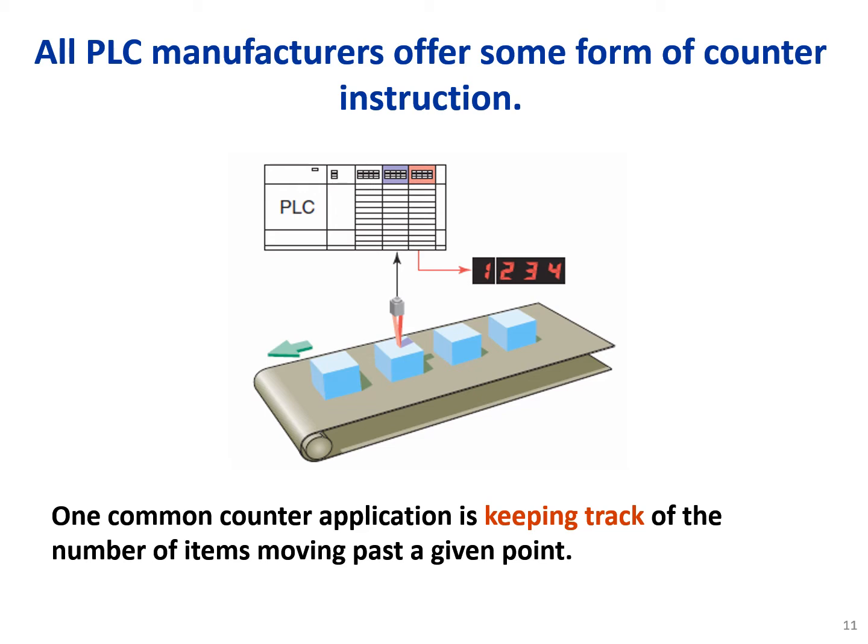The sensor sends the pulse. Sending the pulse in the sensor is analogous to moving over the lever in a mechanical counter. So every time we have a signal from the sensor, the counter will count up.